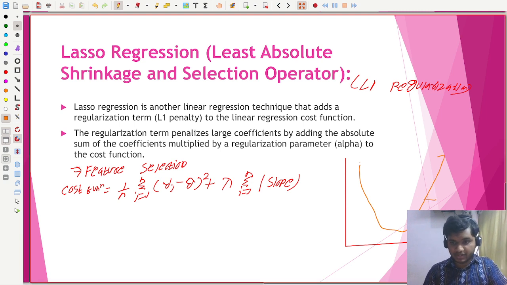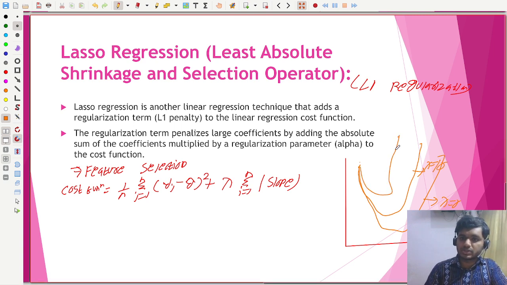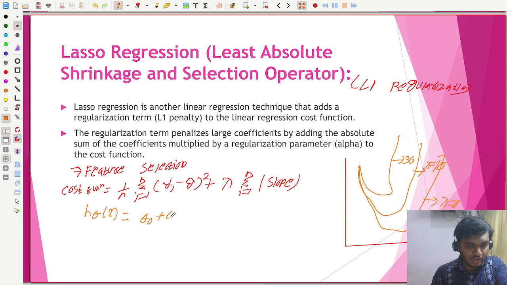It is for lambda equal to 0, same diagram like this, with a little bit of difference, that is lambda equal to 10, lambda equal to 30. Here you notice h theta of x equal to theta 0 plus theta 1 x1 plus theta 2 x2 plus theta 3 x3.